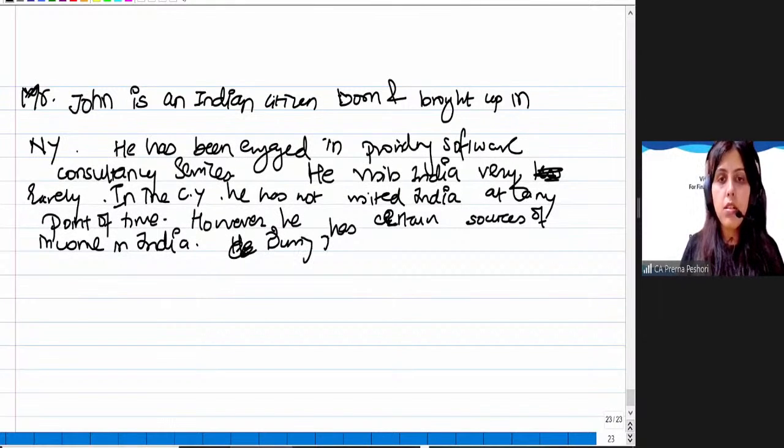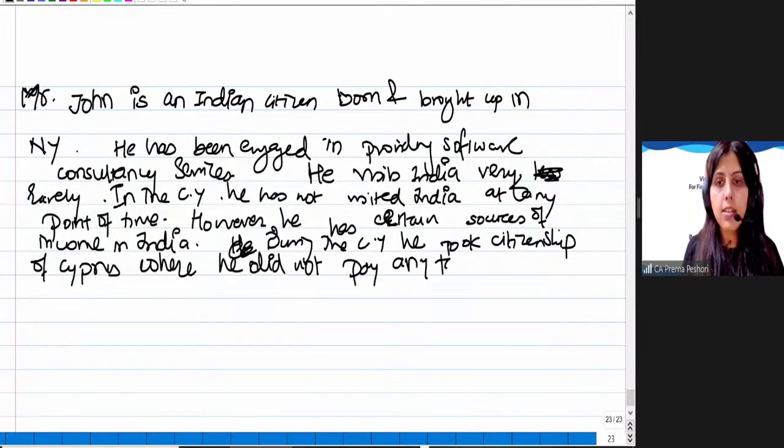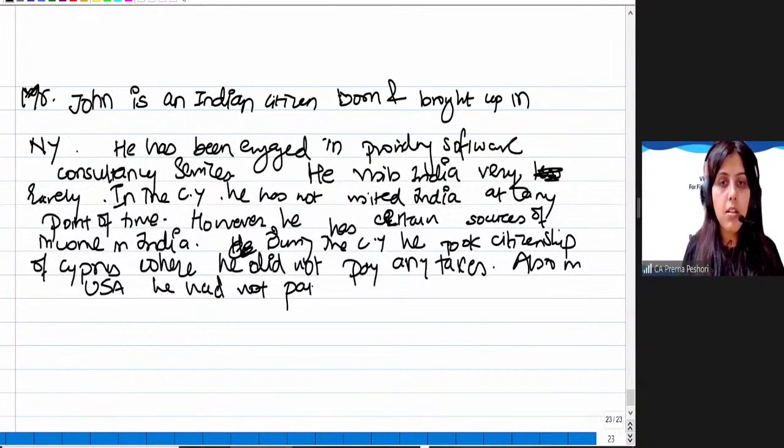During the current year, he took citizenship of Cyprus, where he did not pay any taxes. Also in USA, he had not paid any taxes.